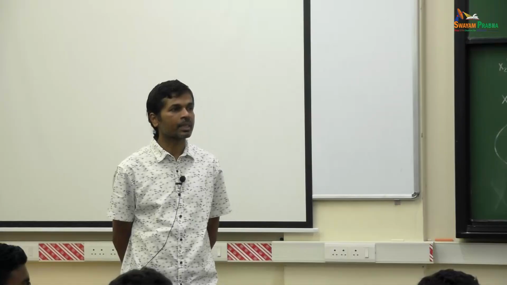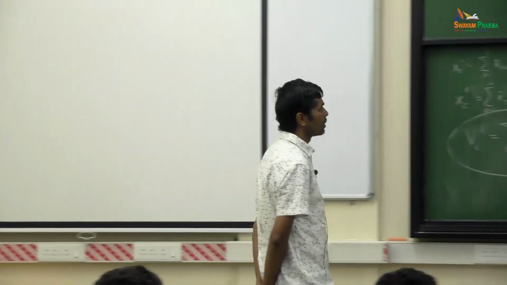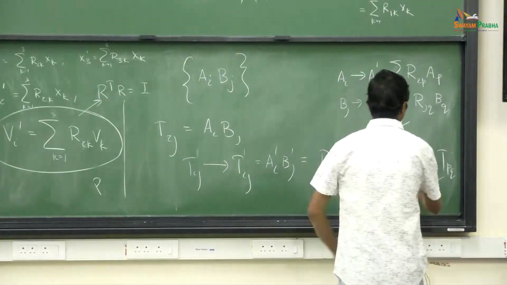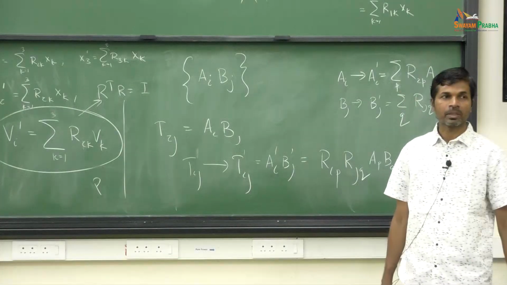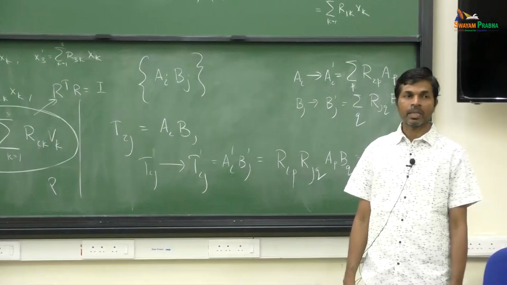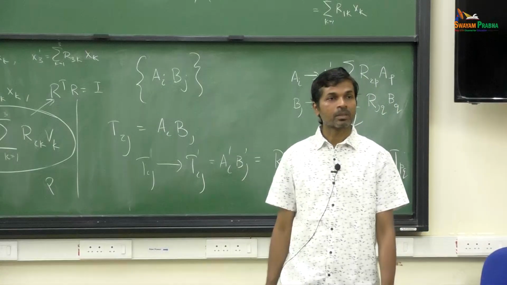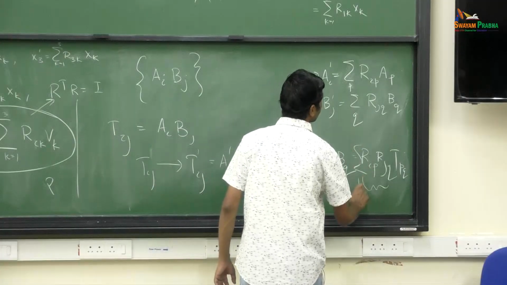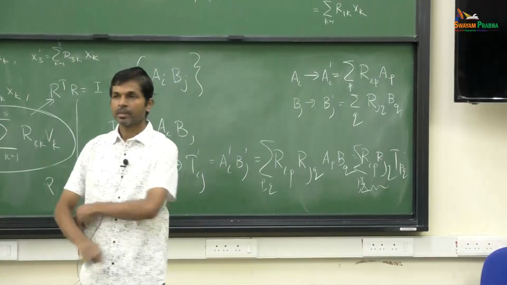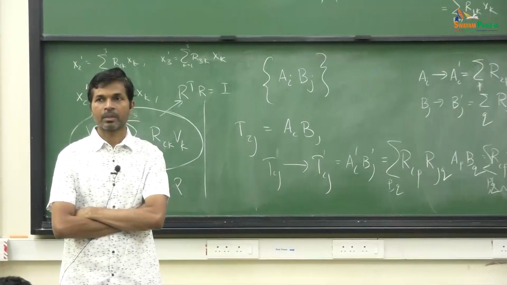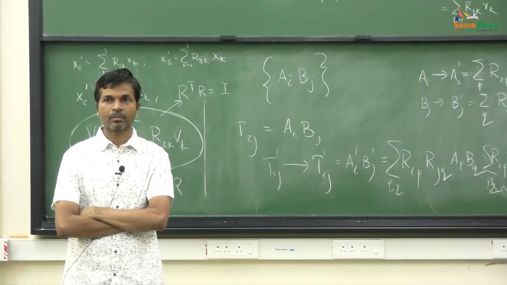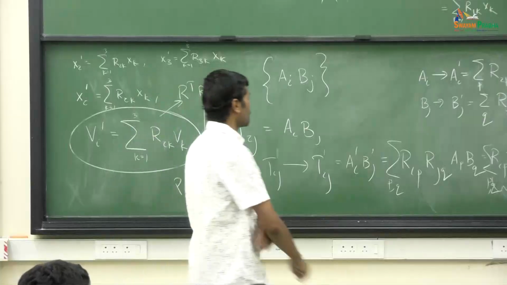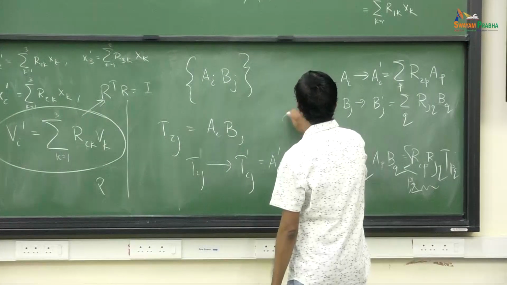This is how these quantities transform. This is an example of a set of quantities which under rotation transform this way. And yes, there is a summation, thank you. There is a sum over P and Q, which runs from 1 to 3. So these quantities are called tensors. This is an example of what are called tensors.